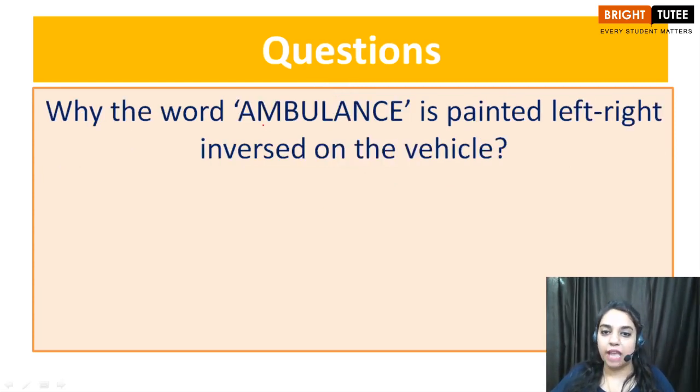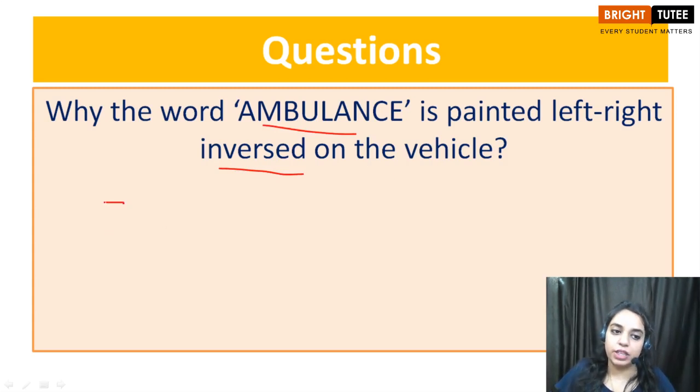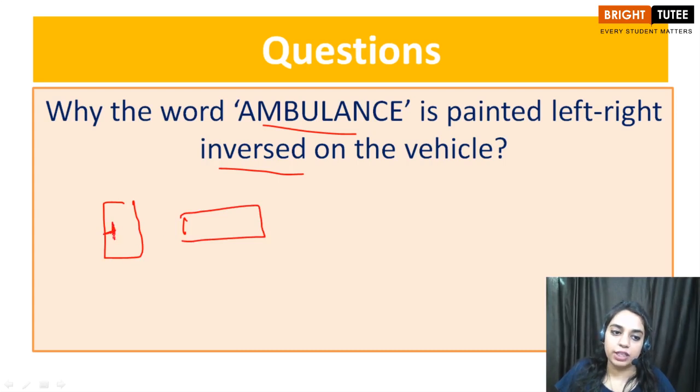Why is the word ambulance painted left right inversed on the vehicle? This is because children, if some vehicle is in front of the ambulance, so the driver of this vehicle will be able to see the ambulance only in the mirror.